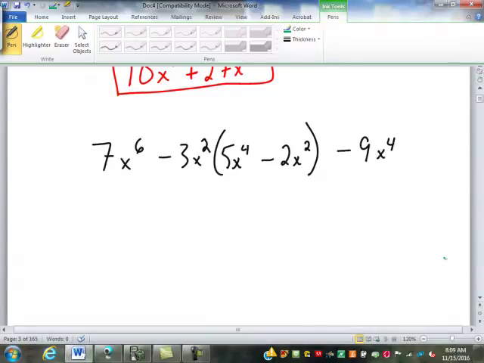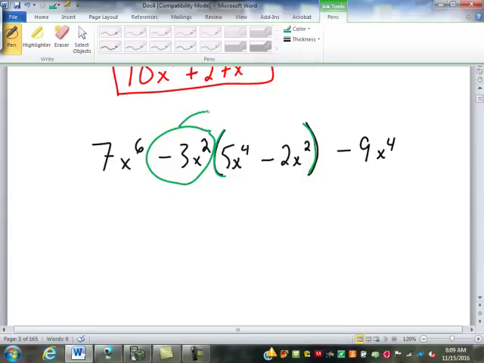So when we look at this one, again, we should be drawn to the parentheses first. Is there anything we can do inside those parentheses? No, x to the fourth and x squared are different names, so we cannot combine those. So then we have to look at what's being done to the parentheses. They're being multiplied by a negative 3x squared.